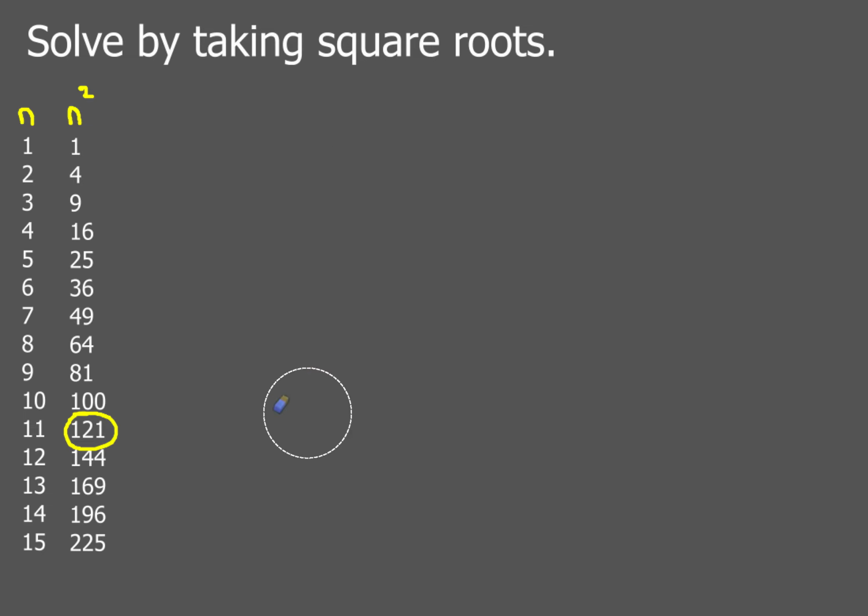So let's go ahead and get this out of here. But actually, we're going to take it a step further. Say we have a number like the square root of 8. When you have the square root of 8, we're going to have to simplify that. So I want to look over here in my n squared column, and go to the number that is closest to 8 without going over. If I go to 9 in my n squared column, that's over.